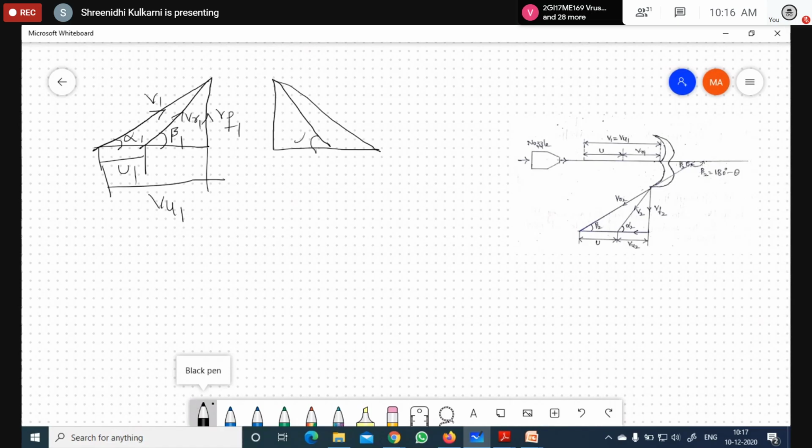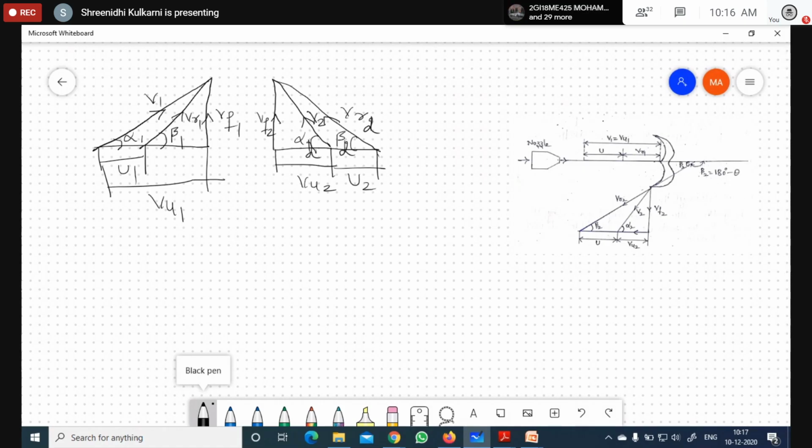With respect to 2, this is beta 2, alpha 2, this is V2, and this is VF2. From here to here is VU2, and from here to here is U2.